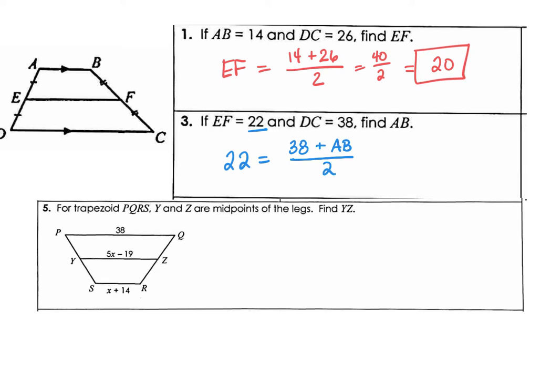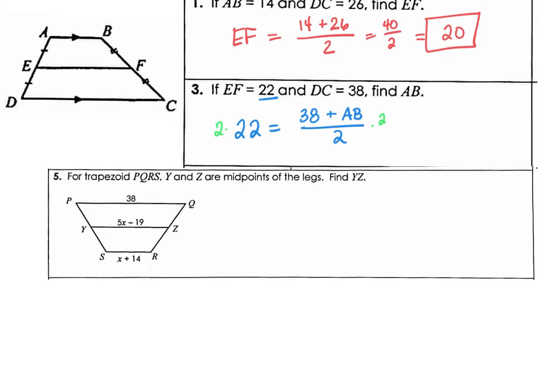So to solve this, the first thing I have to do is multiply by the 2. Multiply that on both sides. All right, so when I do that, I can cancel that. I'm going to get 44 equals 38 plus AB. Then to solve for AB, I'm just going to subtract the 38. So the length of AB is going to be 6.